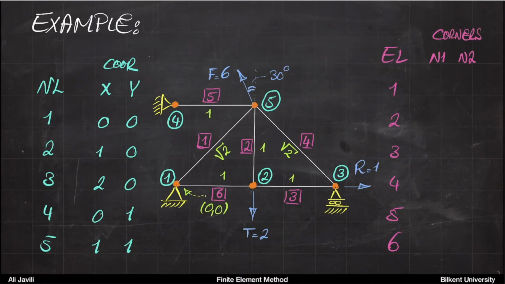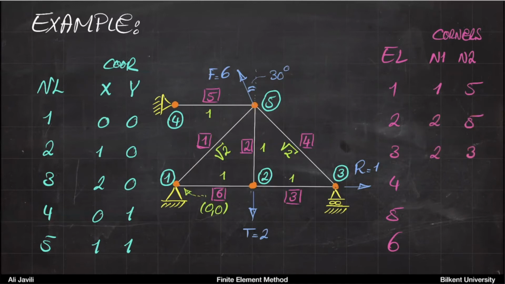Let's say you have element 1 here. So it goes from node 1 to 5. And that's what you write here. So this is node 1, this is node 5. Then you would have element 2. It goes from 2 to 5. Then you have element 3, which goes from 2 to 3.